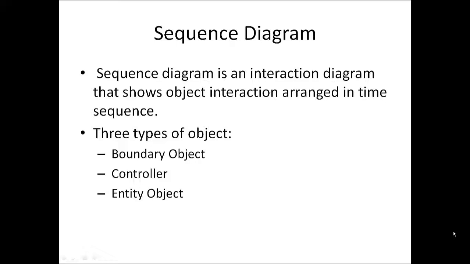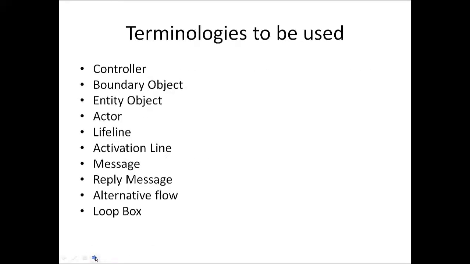Let me tell you about the terminology that will be used in a sequence diagram. The terminologies are controller, boundary object, entity object, actor, lifeline, activation line, message, reply message, alternative flow, and loop box.